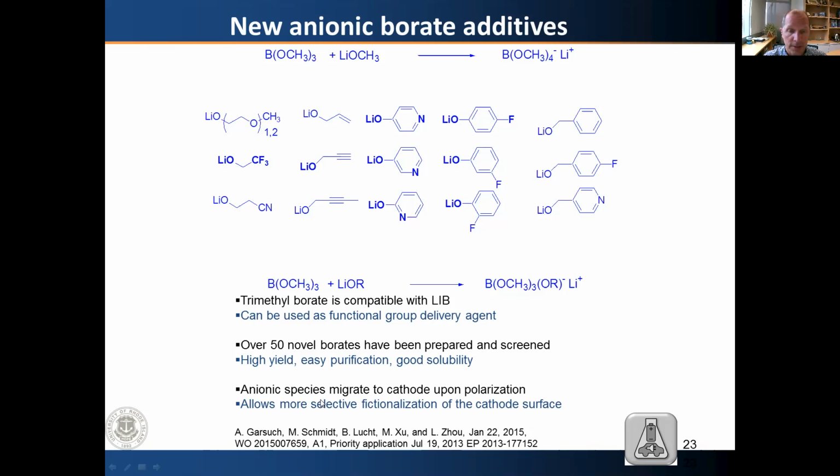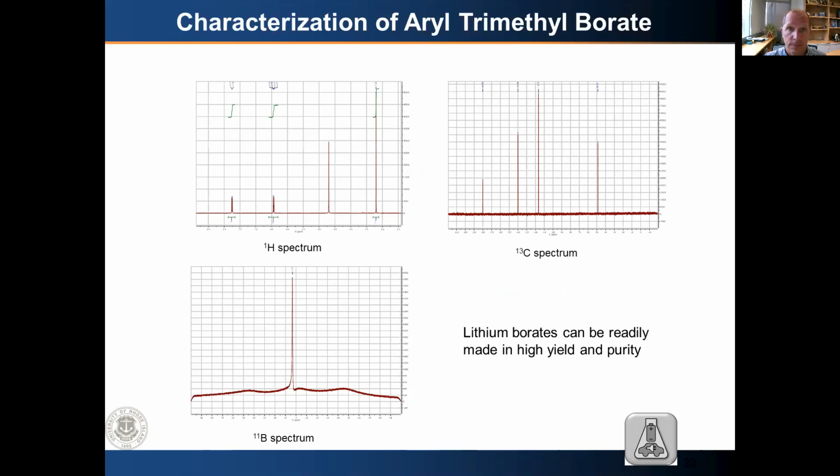The anionic species migrate to the surface of the cathode, as I already mentioned, upon polarization. Once again, this allows us to selectively functionalize the surface of the cathode with whatever type of functional group we want to put on the surface that we think might inhibit the detrimental reactions of the electrolyte with the cathode surface.